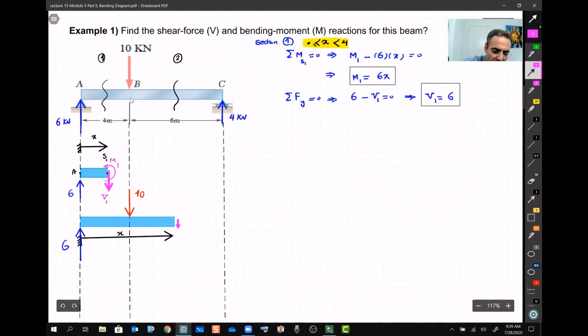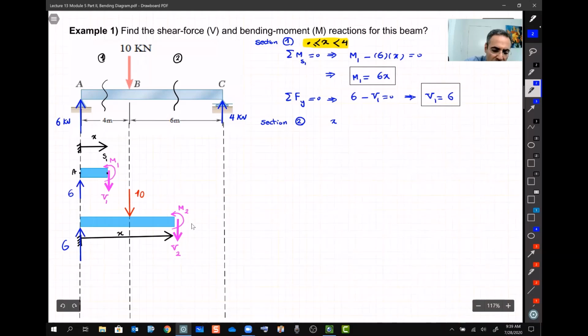Again, because we are looking at the left side, we have the V and we have the M. This time, let's call them M2 and V2. See the free body diagram, exactly as I see. Whatever I see here, the external loads I draw, and this section, same. So now let's do the same things here. This is for section 2.